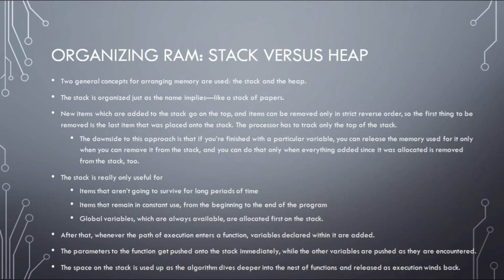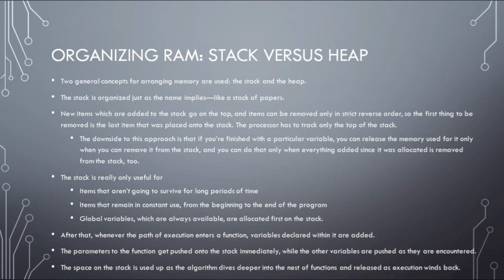When the system first boots up, it has all RAM available to store things in. But how does it decide what goes where and how to find it later? There are two general concepts to arrange this memory, that is the stack and the heap. Each has its advantages and disadvantages, and computers tend to make use of both.